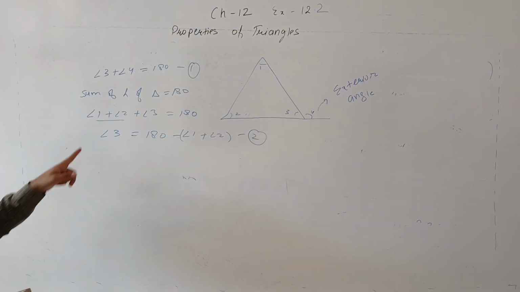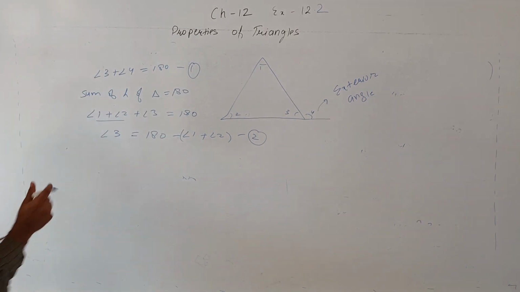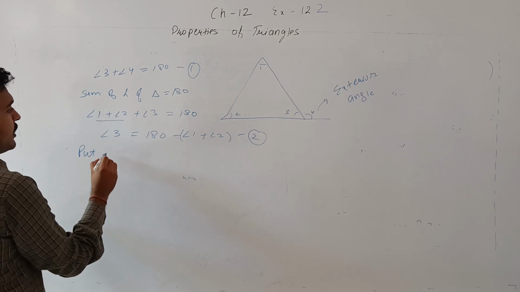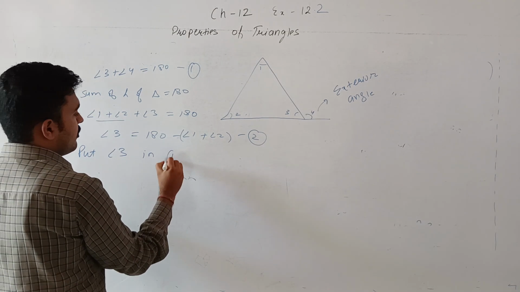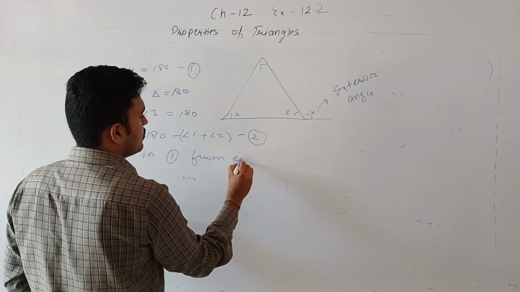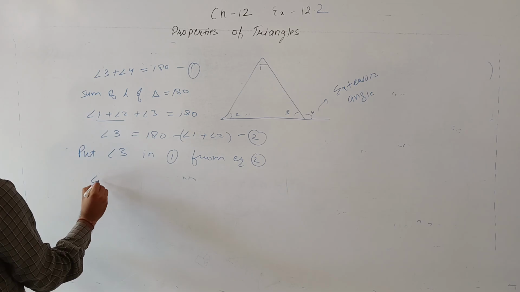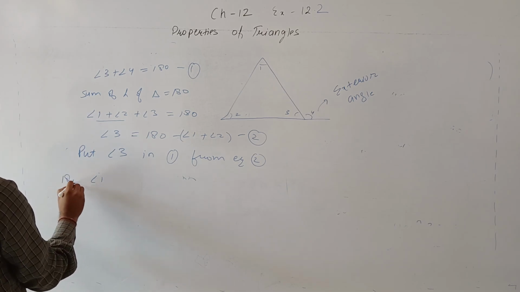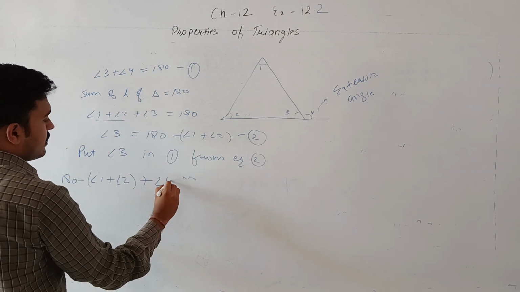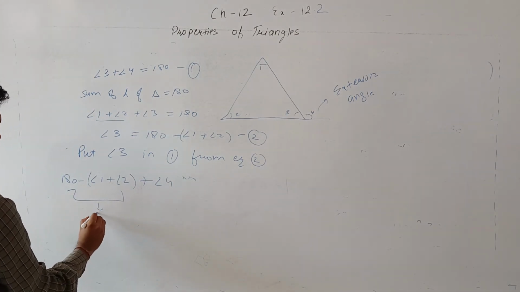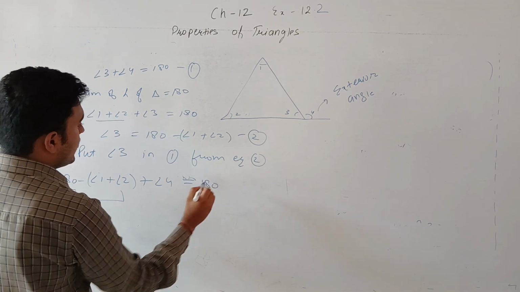If we put the value of angle 3 from equation 2 in equation 1, we get 180 minus (angle 1 plus angle 2), plus angle 4. So this whole is angle 3, and angle 3 plus angle 4 is equal to 180.